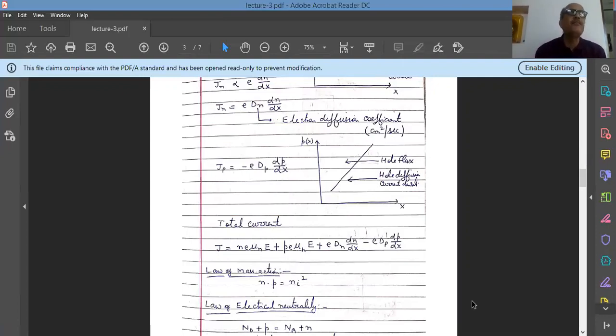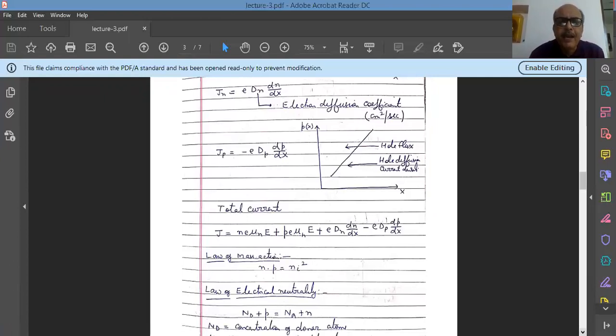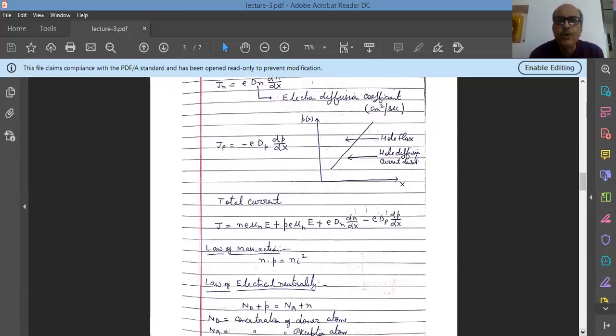That will be the charge of the holes and the charge of donor impurities, (P plus Nd) into E. Similarly, coming to the negative charge side, we have negatively charged electrons and the negatively charged acceptor impurities. So if you put them together, then we can write Nd plus P is equal to Na plus N. This is called the law of electrical neutrality. Basically, this is the general law.